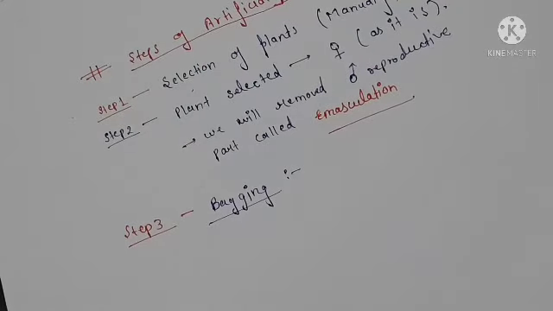In bagging, in step 3, friends, what we will discuss is covering the emasculated flower with butter paper.